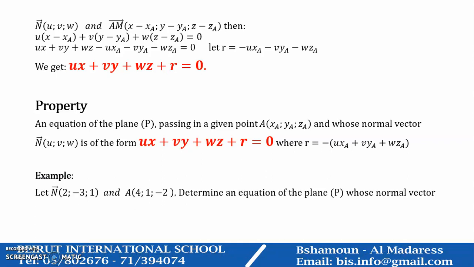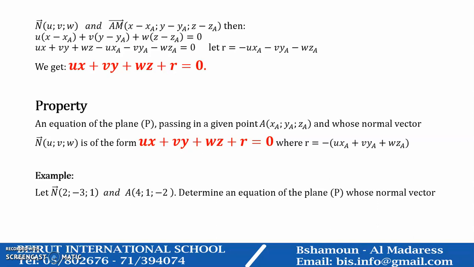Example: suppose that we have the vector n of coordinates 2, minus 3, 1, and the point A 4, 1, minus 2. If they ask us to determine the equation of the plane, directly I can determine r.